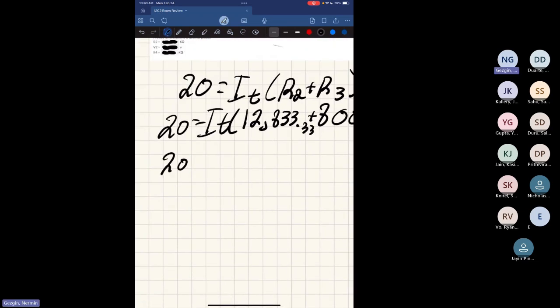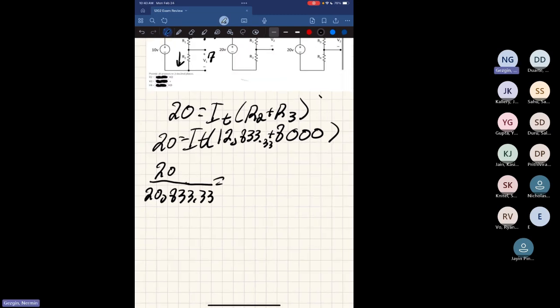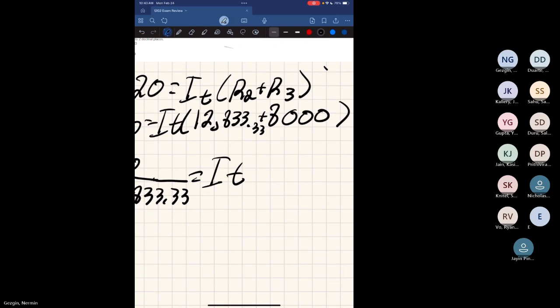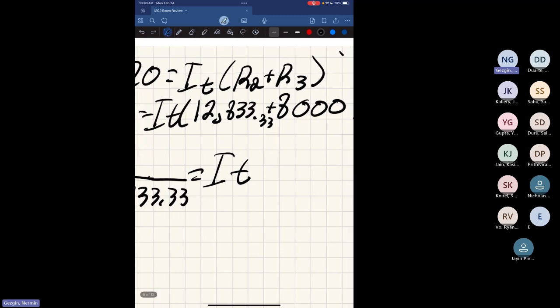So that leaves us with 20 over that, which equals our I of t, which is 960 microamps, sorry.